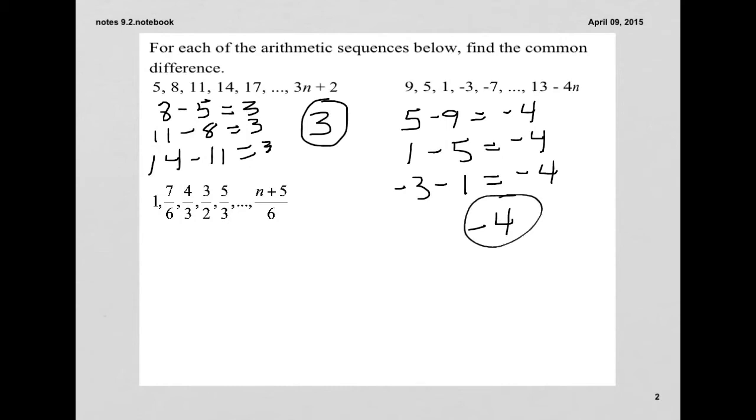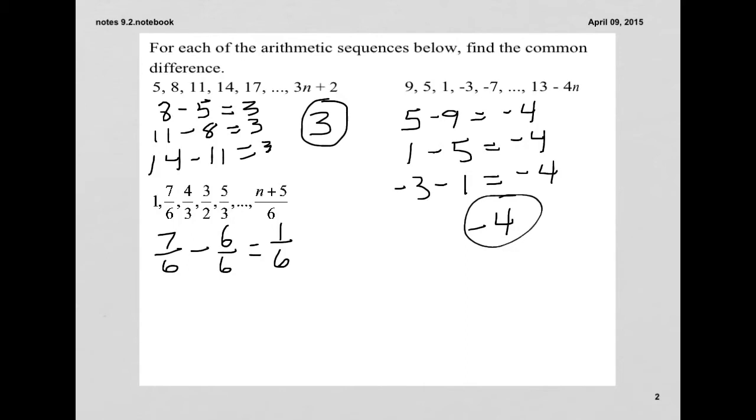Okay, let's look at something that's just a little bit more difficult because it's got fractions in it. So we have 7/6 minus 1. Well, I need the same denominator, so I'm going to rewrite 1 as 6 over 6, which gives me 1/6.